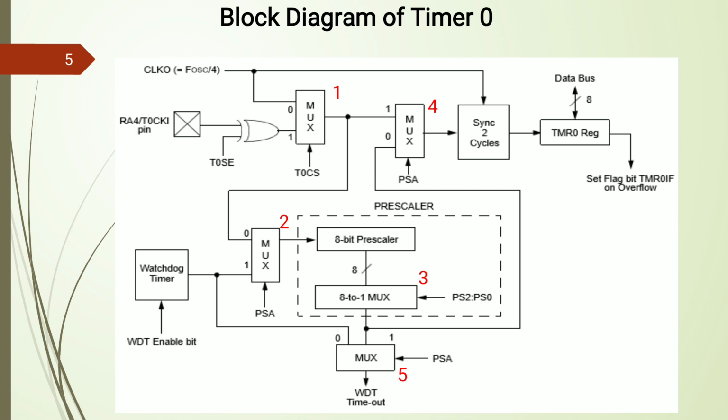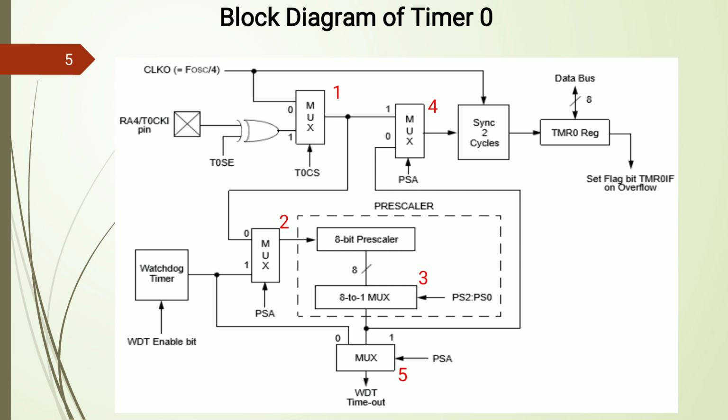So Timer 0 uses the prescaler and the watchdog timer is not able to access the prescaler circuit. For the sake of simplicity here we have given numbers to the muxes, that is MUX 1, 2, 3, 4 and 5.